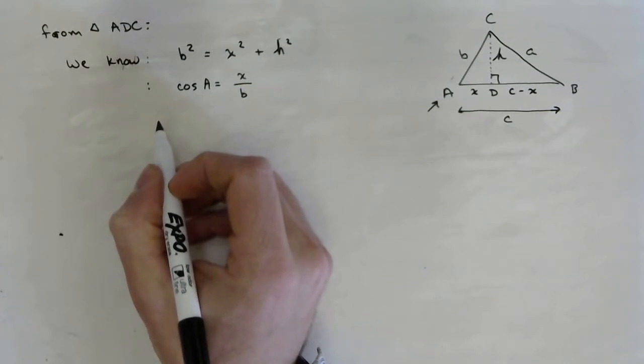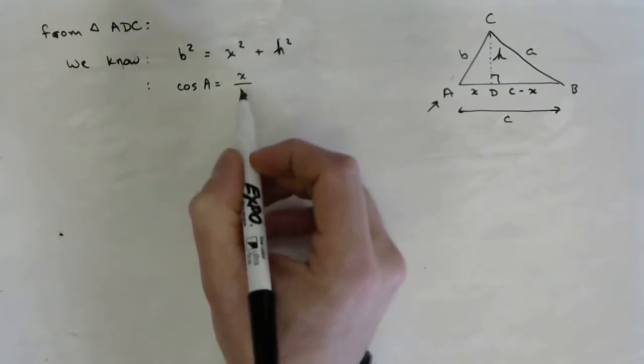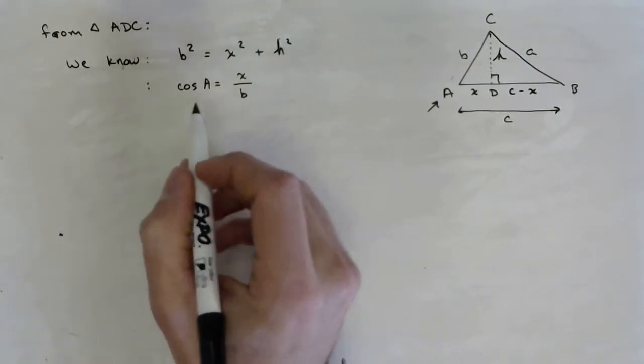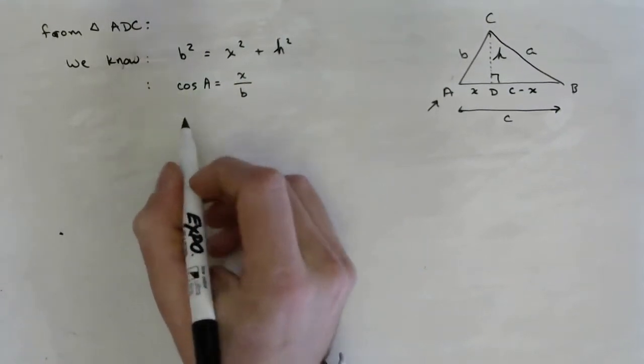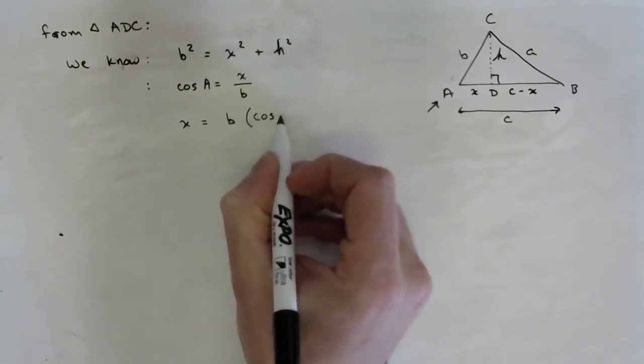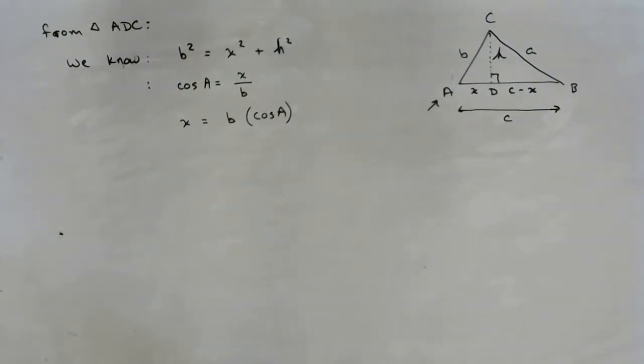And I'm going to come up with an expression for X using this, okay? So how do I get an expression for X? I'm just going to multiply both sides by B. That's going to give me X equals B times the cosine of A.